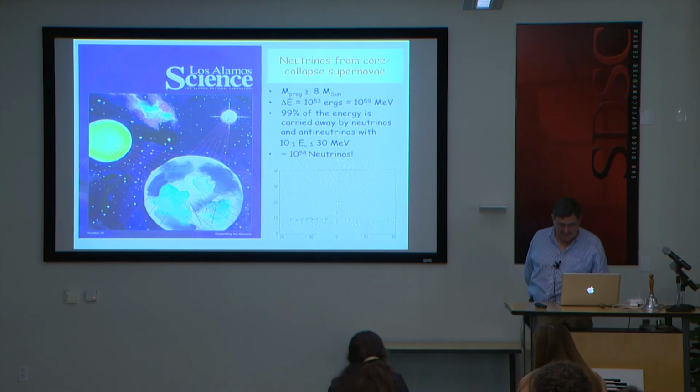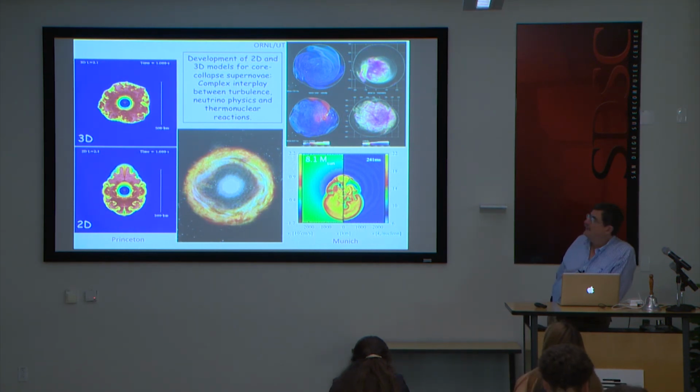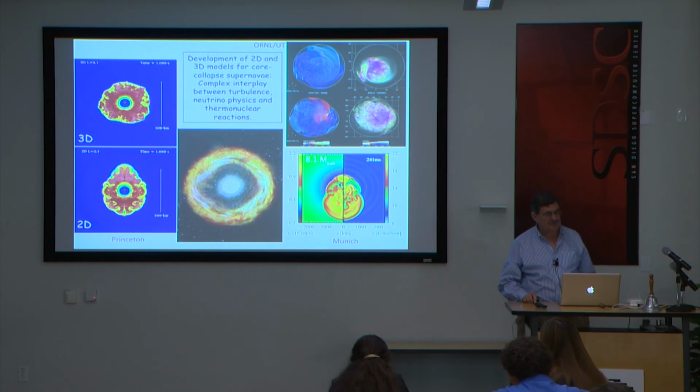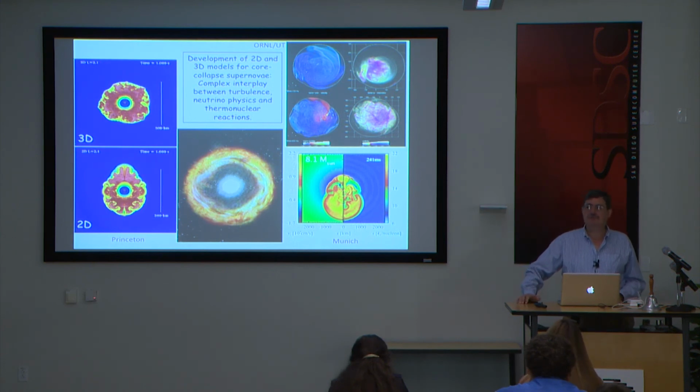There have been significant developments in modeling these supernovae. Recently, there have been 2-dimensional and 3-dimensional models, and they display a complex interplay between turbulence, neutrino physics, and thermonuclear reaction rates. I'm not really going to go into that, but I just wanted to mention it. Tomorrow, I'll tell you about neutrino effects in such an environment. So I'm going to stop here, and then we'll continue tomorrow.